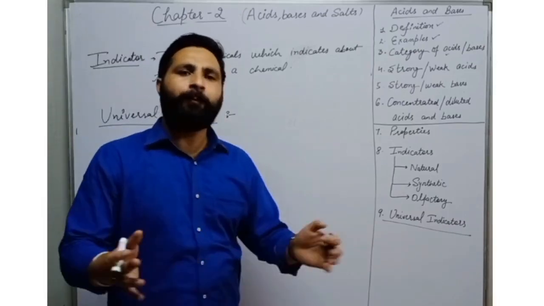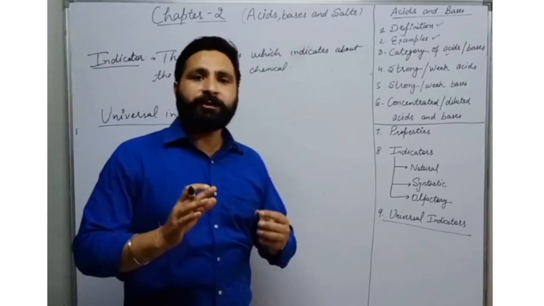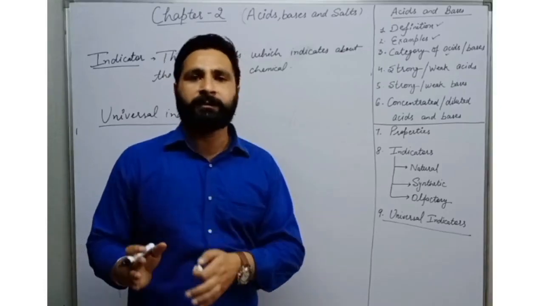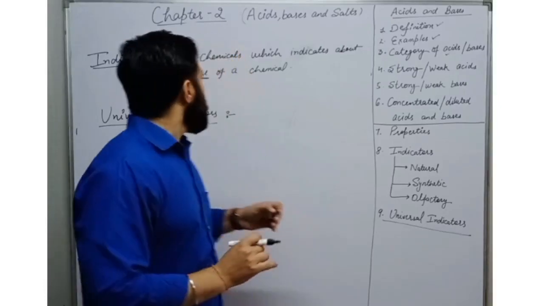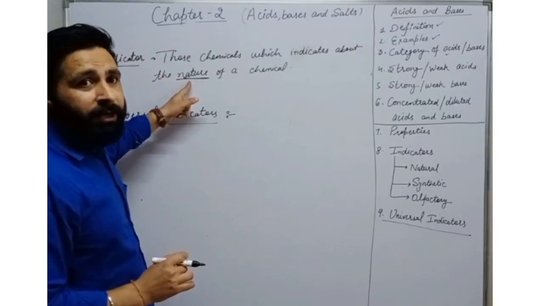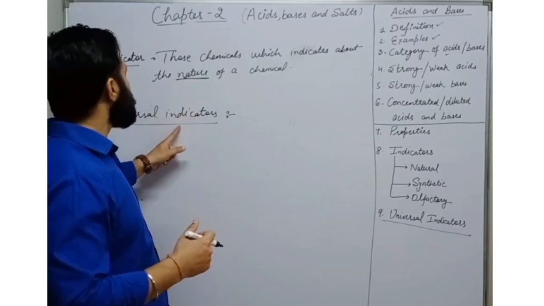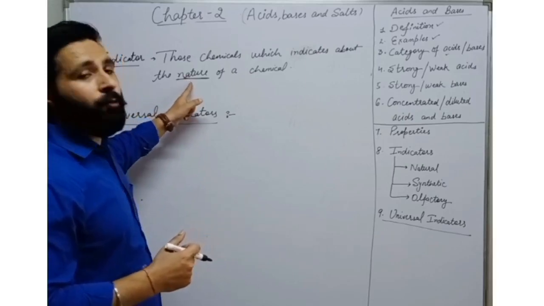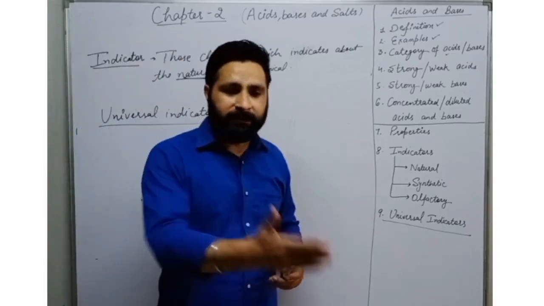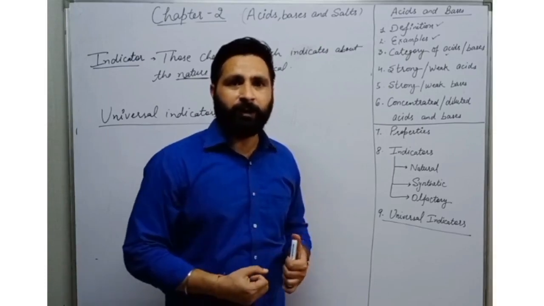It's a mixture of many indicators, either natural or synthetic. And the main thing is these indicators tell about only nature, that it is acid or base. But universal indicators tell us about nature as well as strength. If it is an acid, what is its acidity? What is its strength? What is its power?